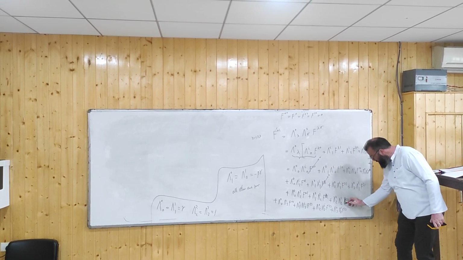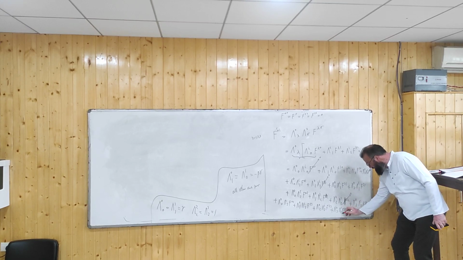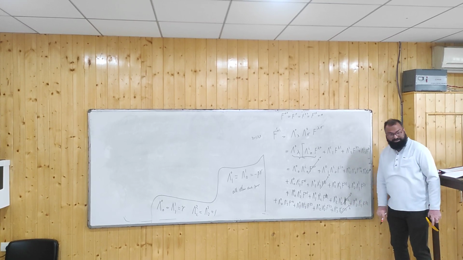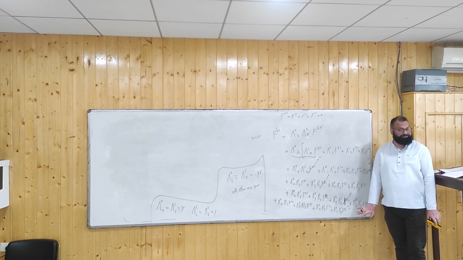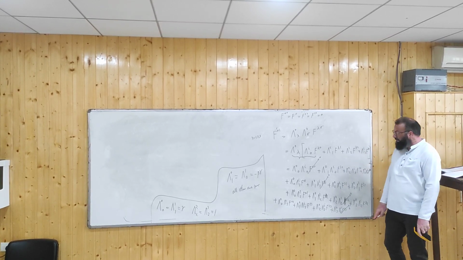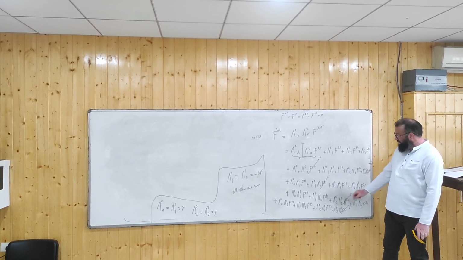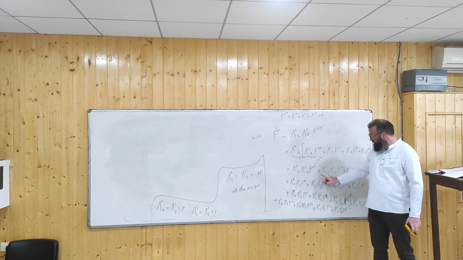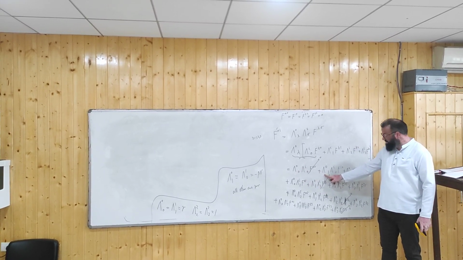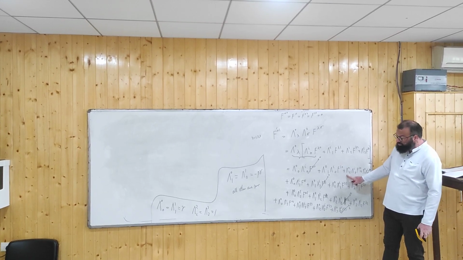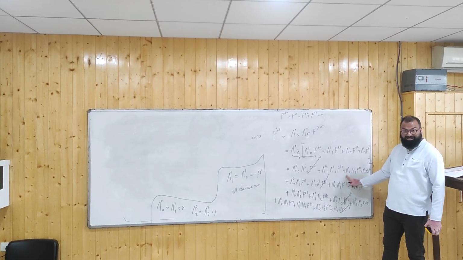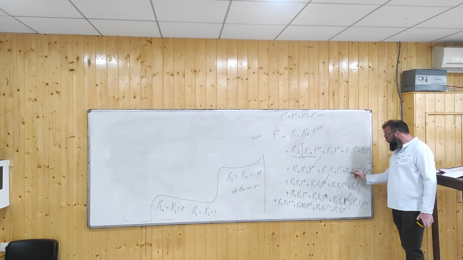Then f22, this is 0. f33, this is 0. Clear? Now tell me, lambda 0 0 is non-zero. Lambda 0 1 is non-zero. And what is lambda 0 2? Lambda 0 2 is 0.